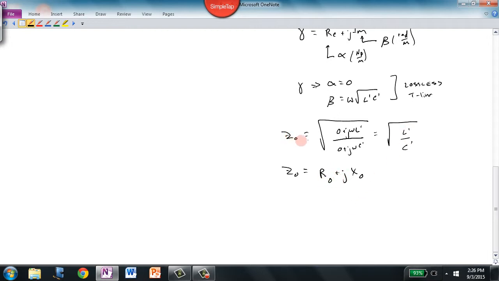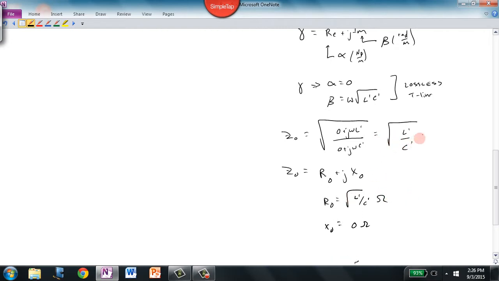In the specific case of the lossless T-line, we see that R0 has got to be equal to 0 ohms, and that Z0, sorry, that's not true. R0 is equal to the square root of L prime over C prime, and X0 is equal to 0 ohms. We have only a real component.